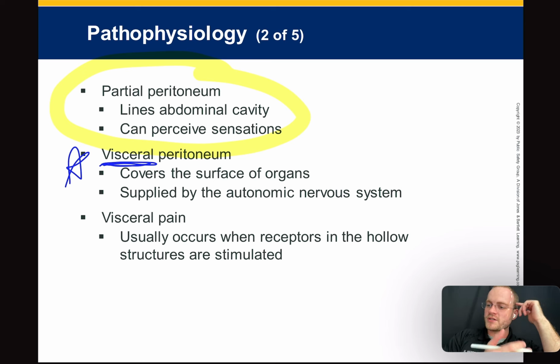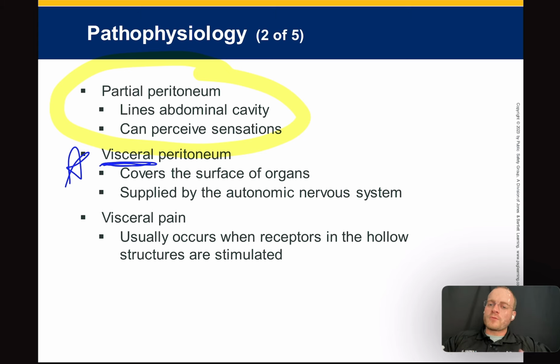It covers the surface of the organs. To recapitulate, you have visceral peritoneum covering your stomach, and parietal peritoneum covering the wall of your abdomen. The space between those is called the peritoneal space. And that's the distinction between the two.